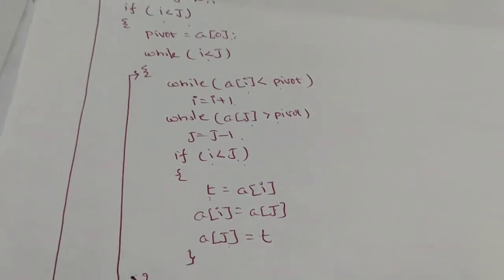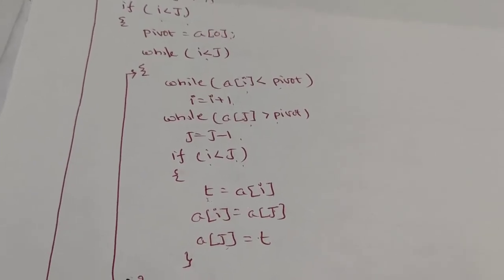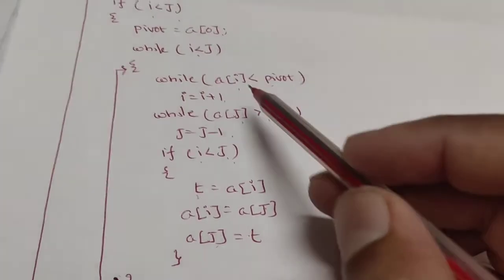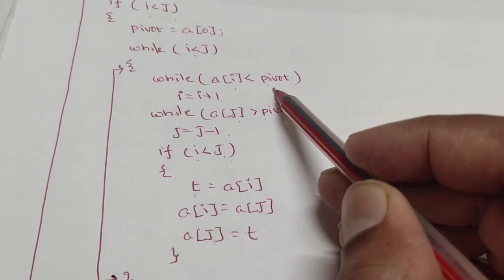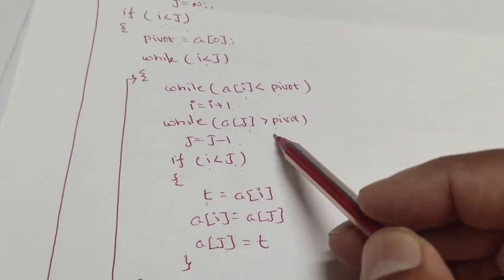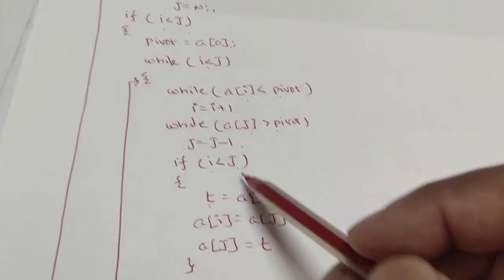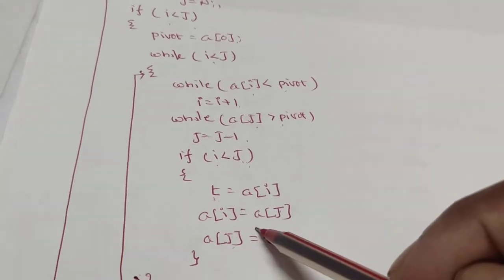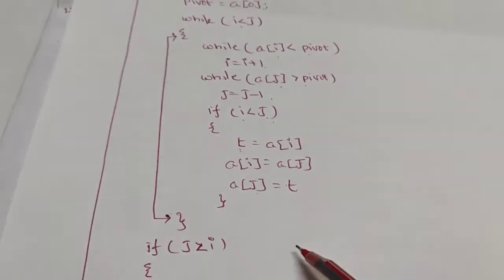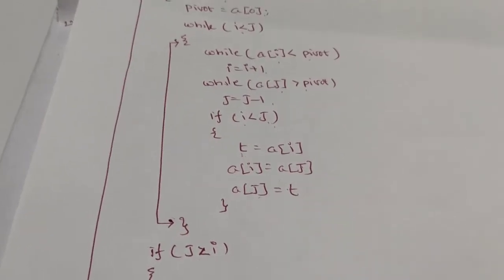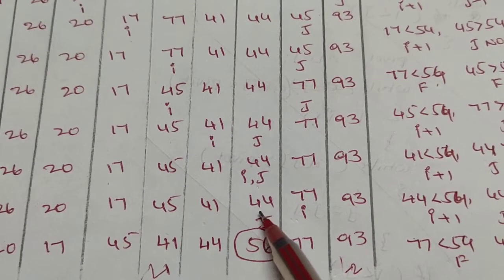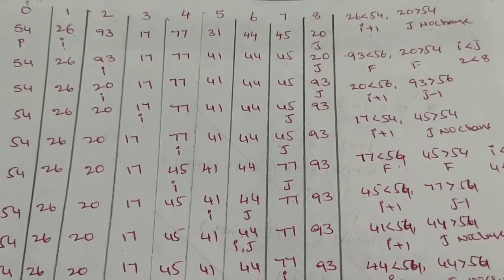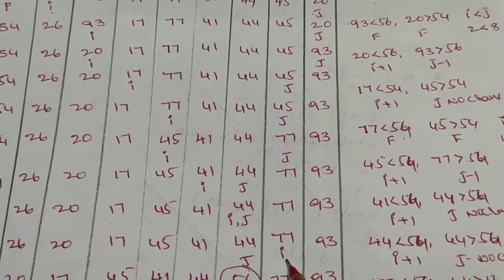While i is less than j, we continuously compare the array elements with the pivot. Suppose any condition fails and i is less than j, then we exchange the elements. Suppose j is less than i; in this case, let us observe j in position 6 and i in position 7.